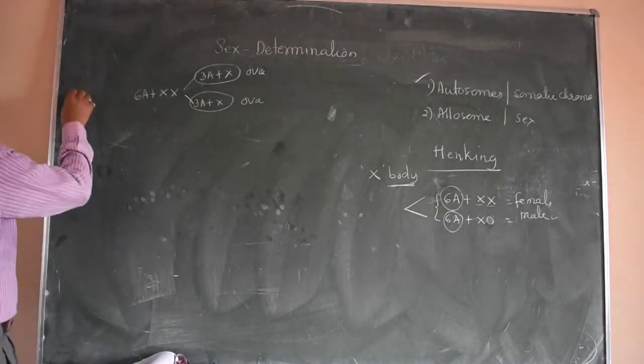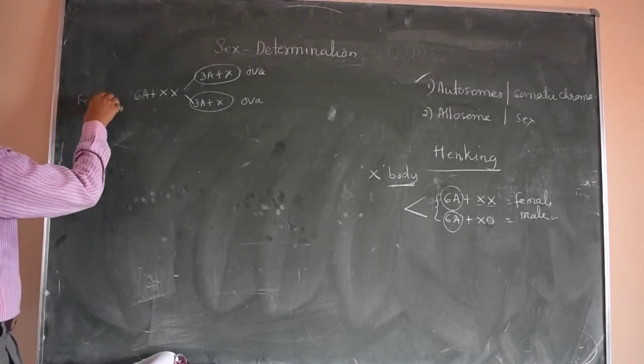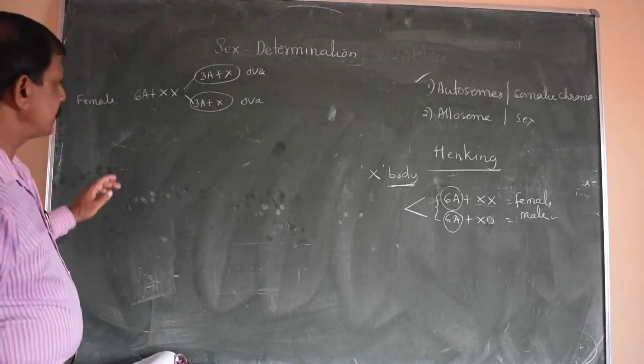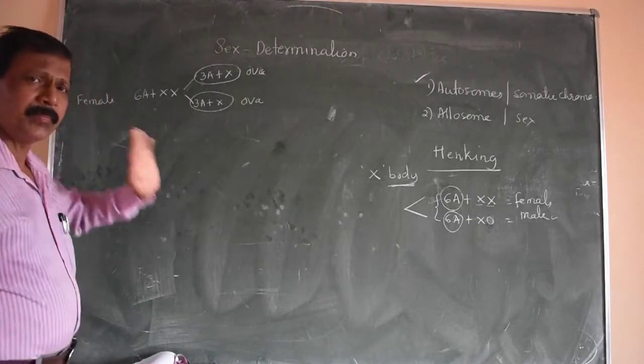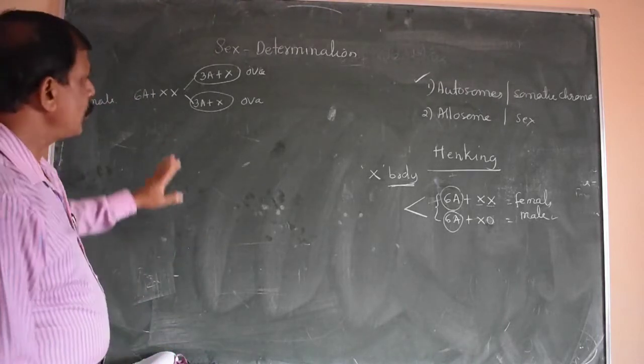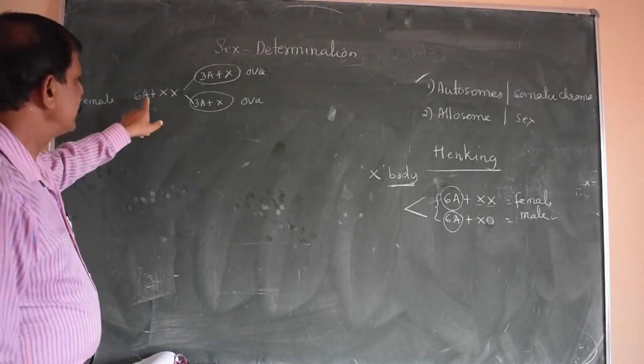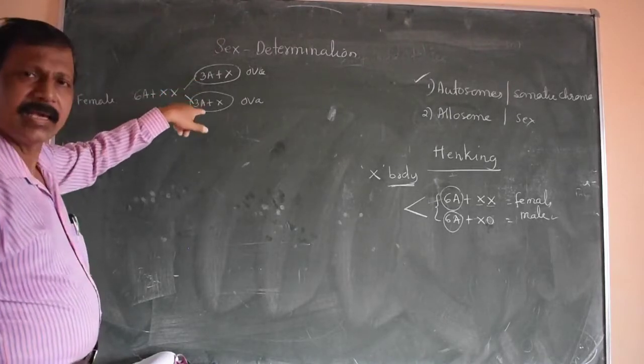So this is in the female insect. In the female insect, whatever the number of eggs produced, all are the same, because this is diploid and this is haploid.